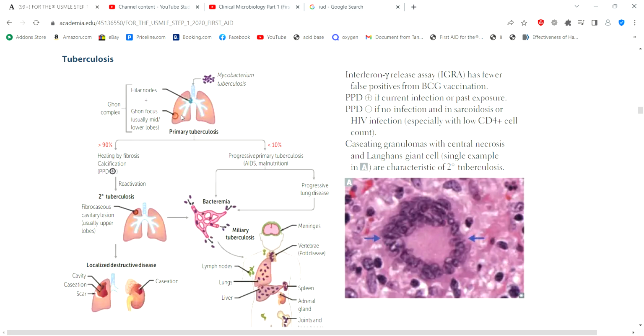That affects the lower lobes, and you see this Ghon focus right here, Ghon complex. It can also go to hilar nodes when you initially get infected with TB, and reactivation always happens in the upper lung. Okay, all right. So that is just something you gotta know.